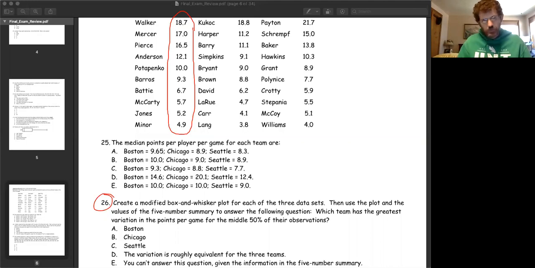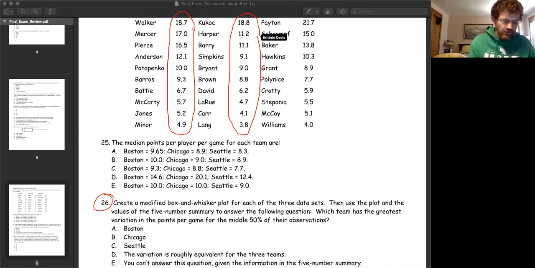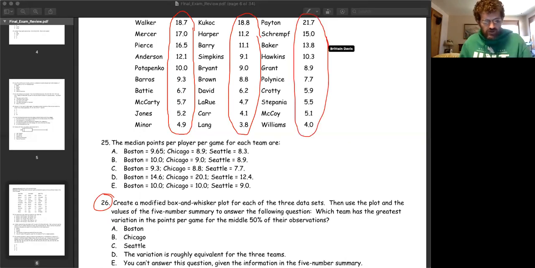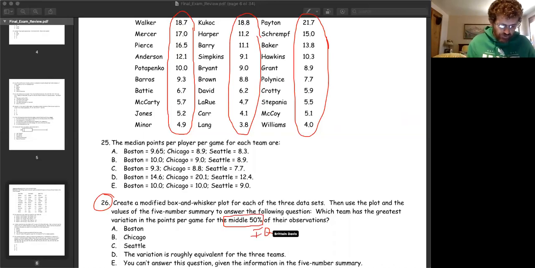So wherever you put this data, you just select that list and it'll create a plot for you. If you create 3 plots from each of these 3 teams, you can figure out what the middle 50% of the data is. That's really your IQR, your interquartile range. So it's looking for which one is the greatest variation in the IQR.